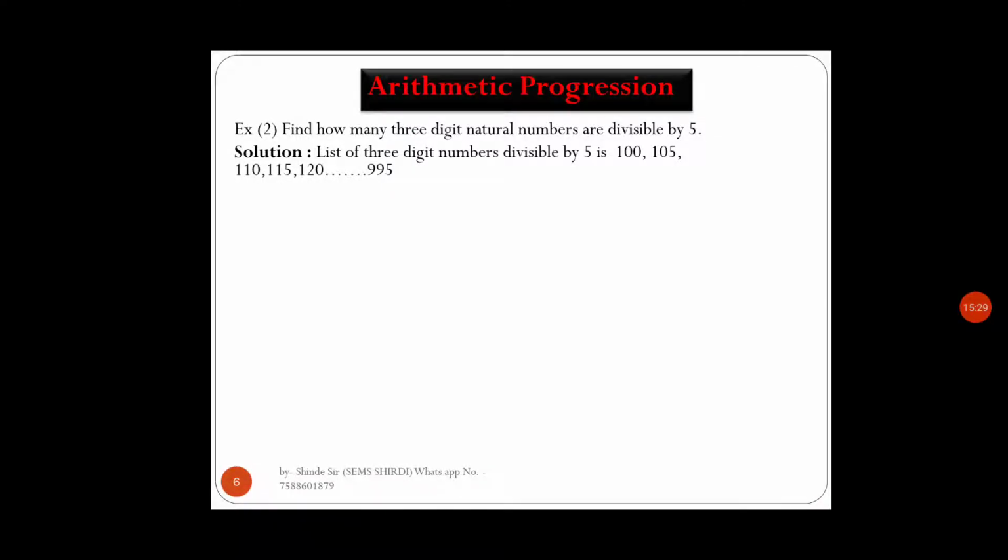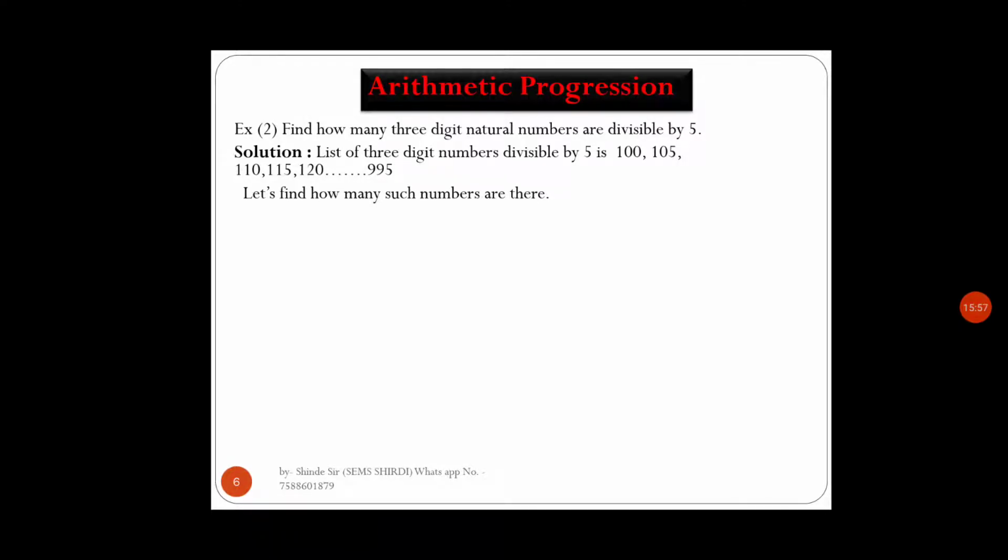The next is 100 plus 5, 105, 105 plus 5, 110, 110 plus 5, 115, and so on. The greatest 3-digit number which is divisible by 5 is 995. Now let us find how many such numbers there are.